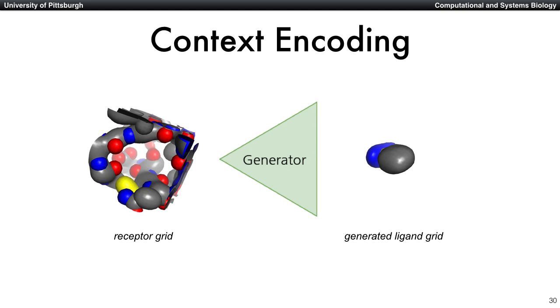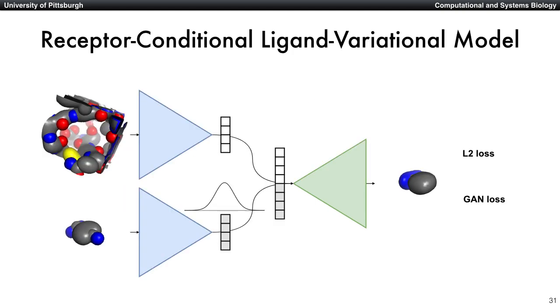Right. So the way we are putting these together is in what we're calling, we probably need a better name here, the receptor-conditional ligand variational model. So you have the receptor, it comes in, and you have the ligand, and they form a latent space where the receptor latent space is distinct from the ligand latent space. So the idea here is you could vary the ligand latent space for the same receptor or vice versa, right?